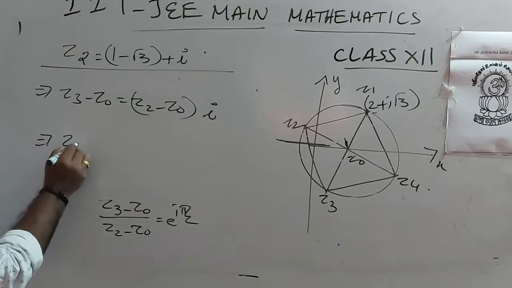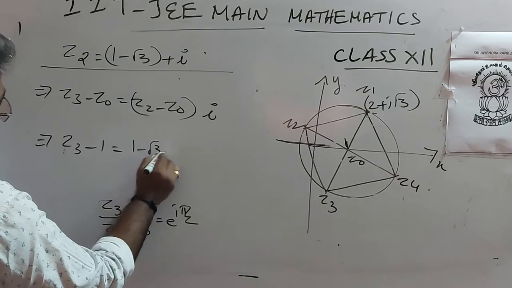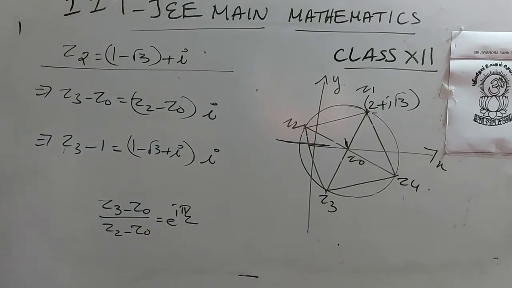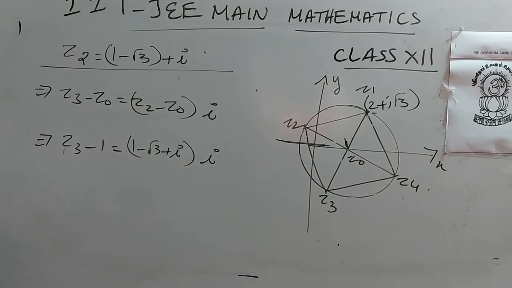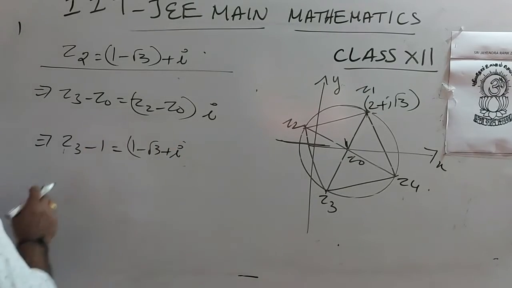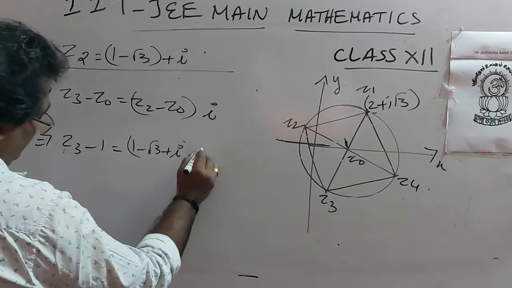Z3 minus 1 equal to Z2, this value 1 minus root 3 plus i, minus Z0, that is 1, into i.